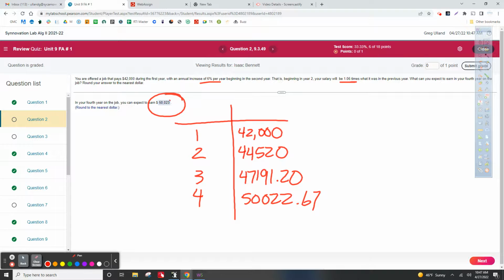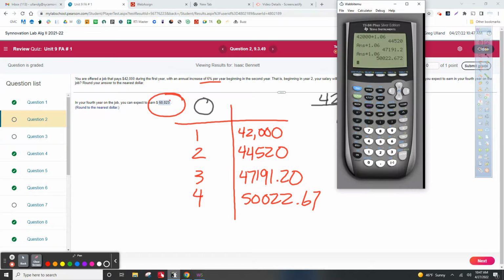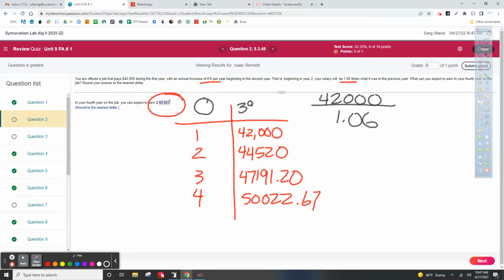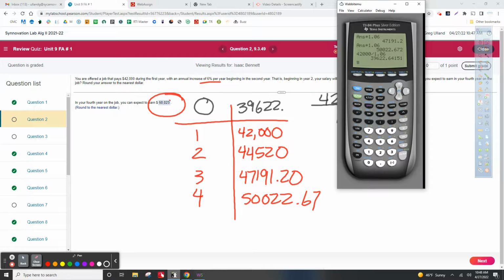How else can you do it? Well, if you really wanted to do it the hard way, but like a way that would maybe make some questions easier, find the y-intercept. Well, how do I do that? I got to do 42,000 divided by 1.06. That's going to give me the previous number, and that's going to be 39622.64.